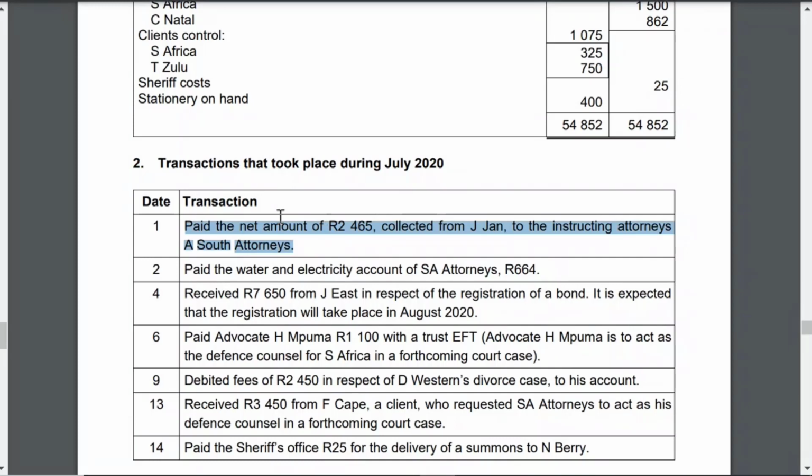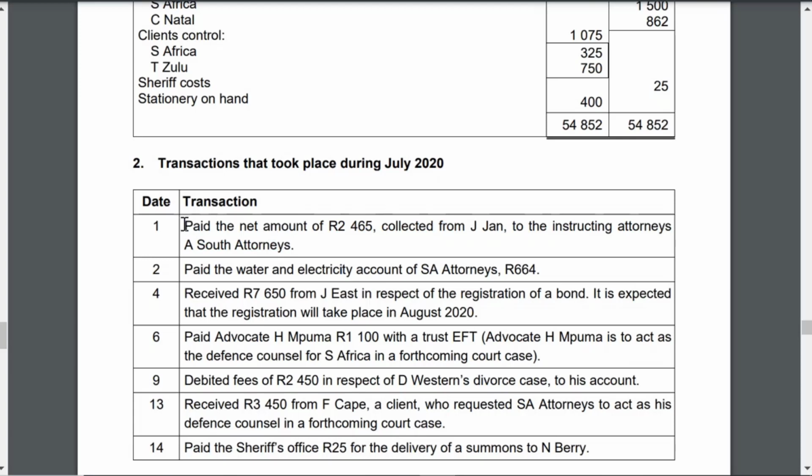So this number 1, you'll only understand it fully when you've done the last learning unit. This is regarding trust, and this is regarding collecting money on behalf of the client.